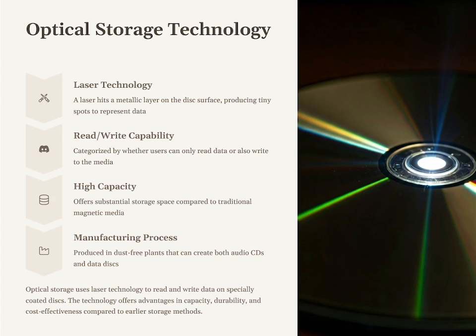The other type: how do we read or write on this optical technology? We read or write on them through the light technology also. They are categorized by whether the user can only read the data or can also write on the medium. We have the optical technologies that offer both read and write.